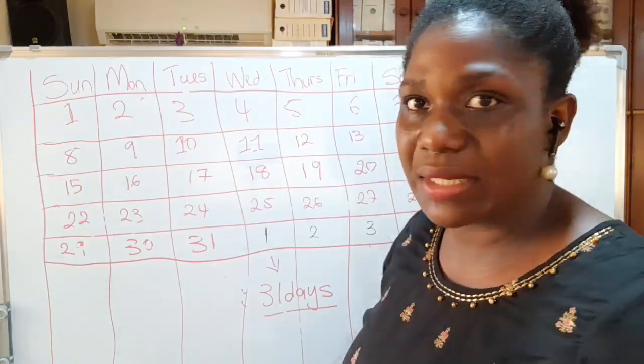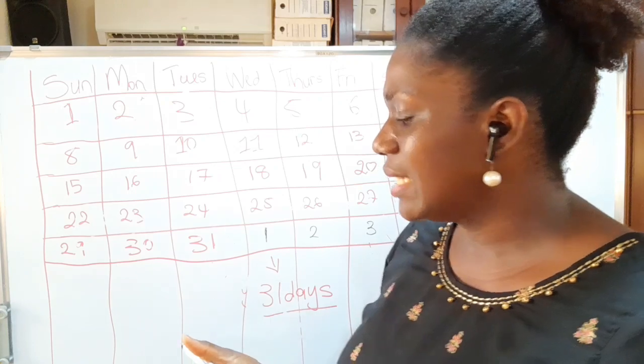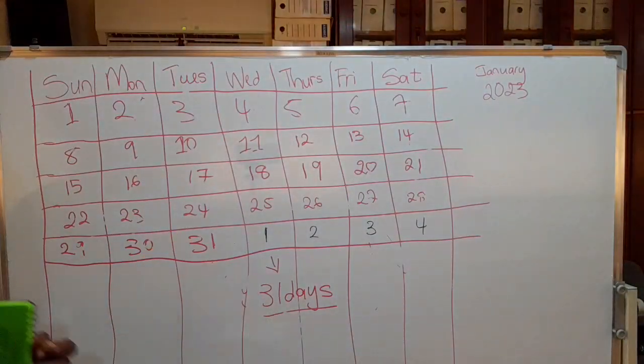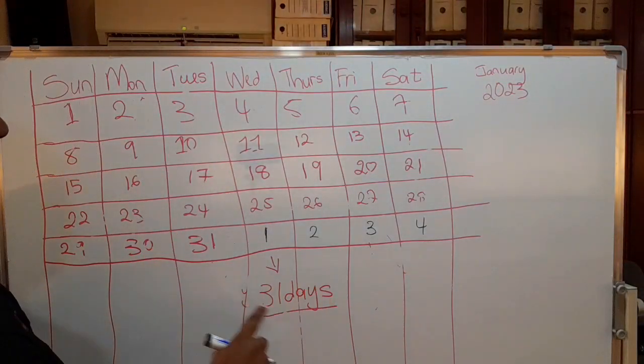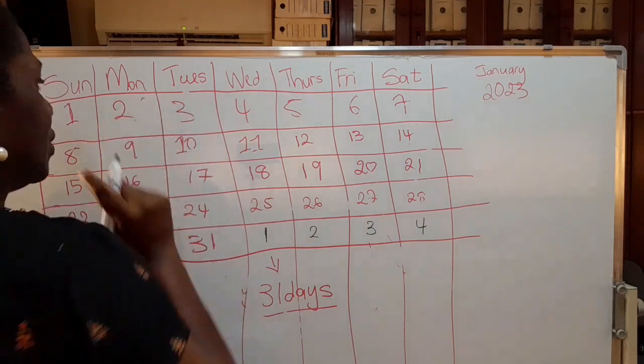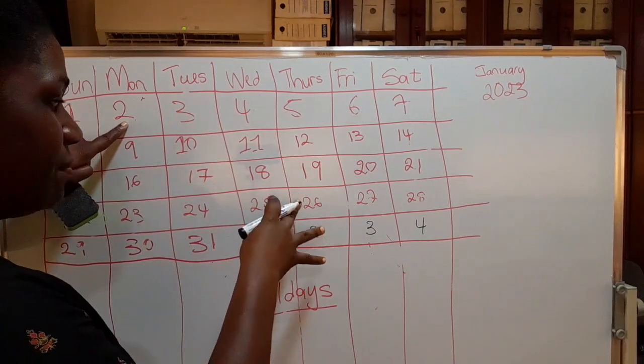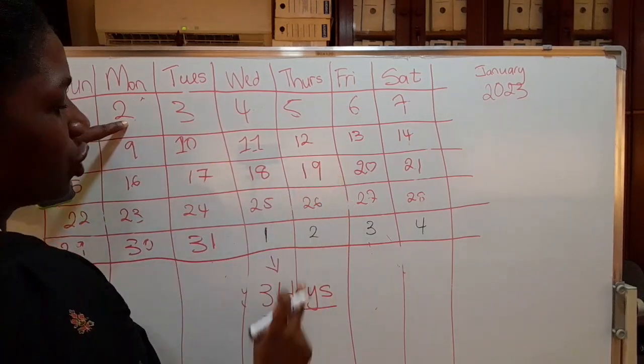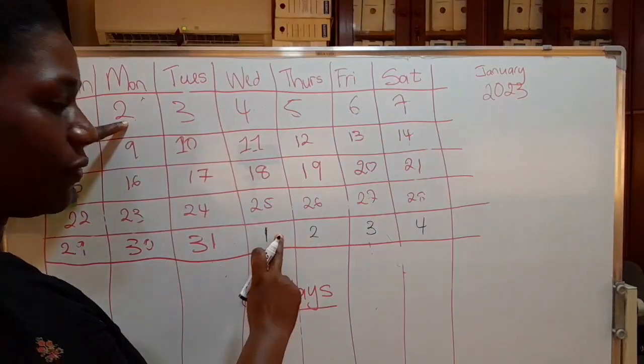So let's say, for example, that this lady's menstrual cycle length is 31 days. Her period started on the 2nd of this calendar month we have here, to the 1st of the following month.